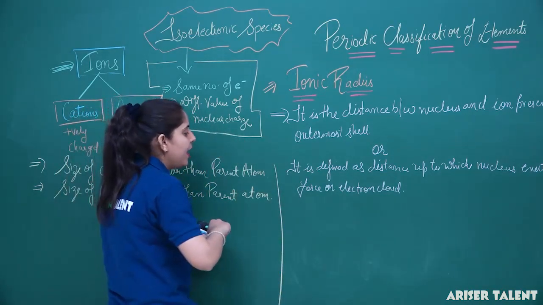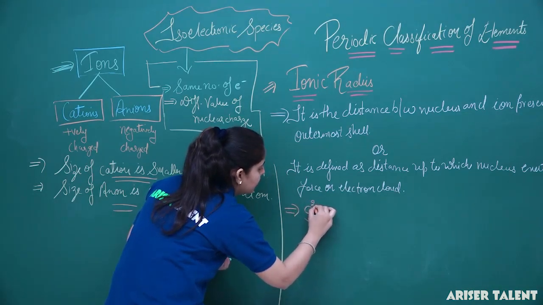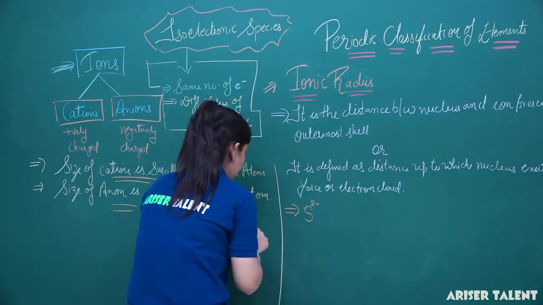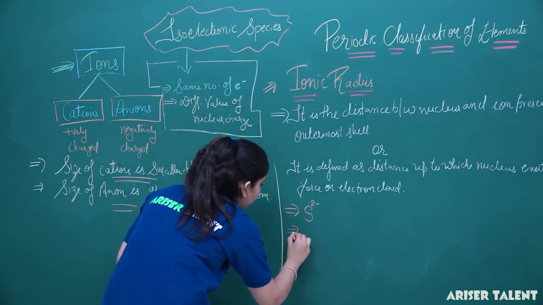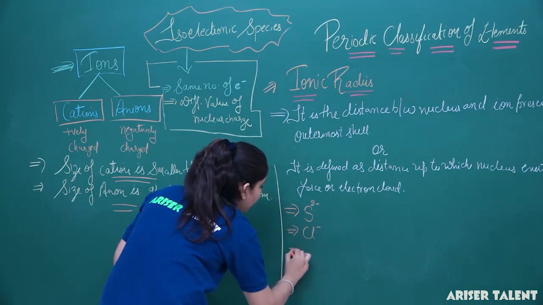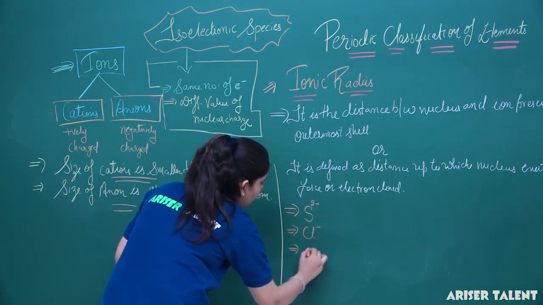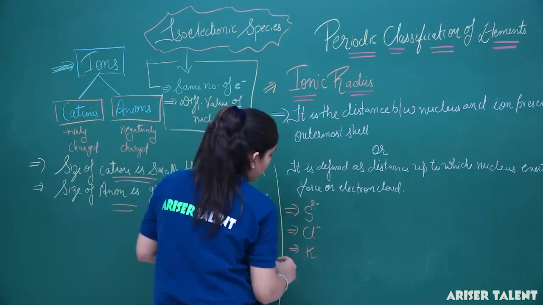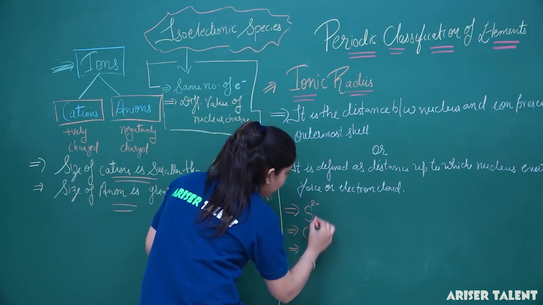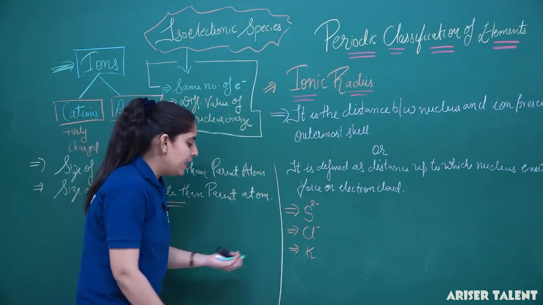Suppose we have S2-, second we have, after sulfur, chlorine, after chlorine we have argon, 18, and again 16 plus 2 is 18, chlorine 17 plus 1 is 18, and 18 is for argon.